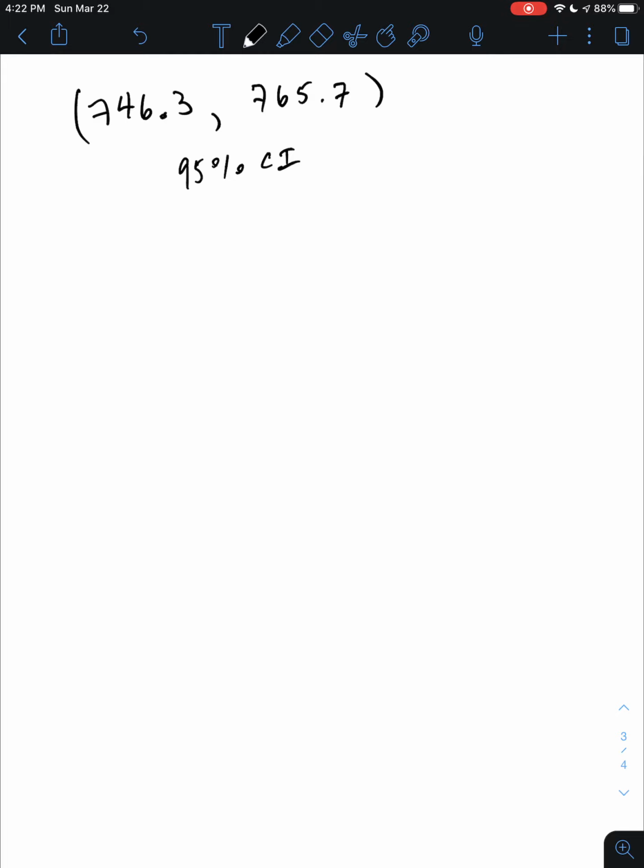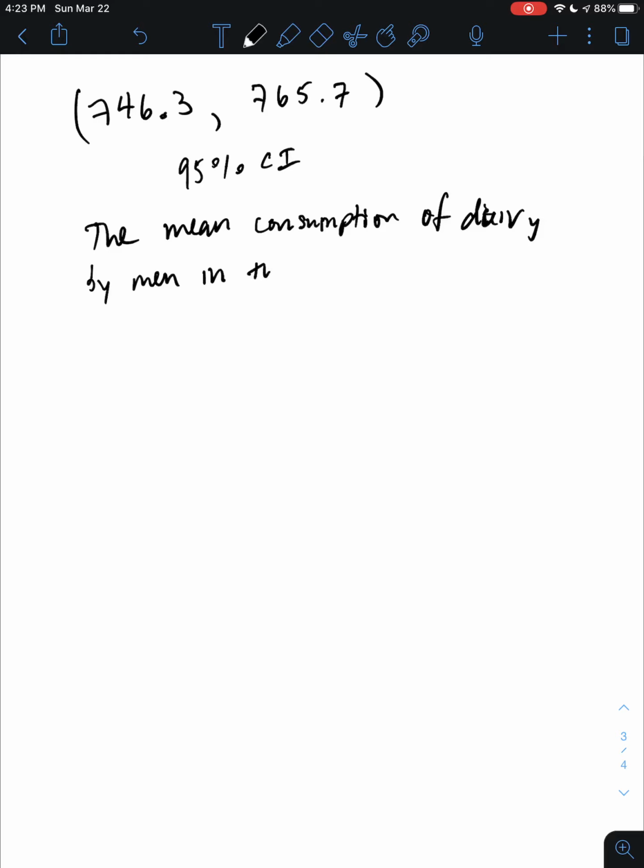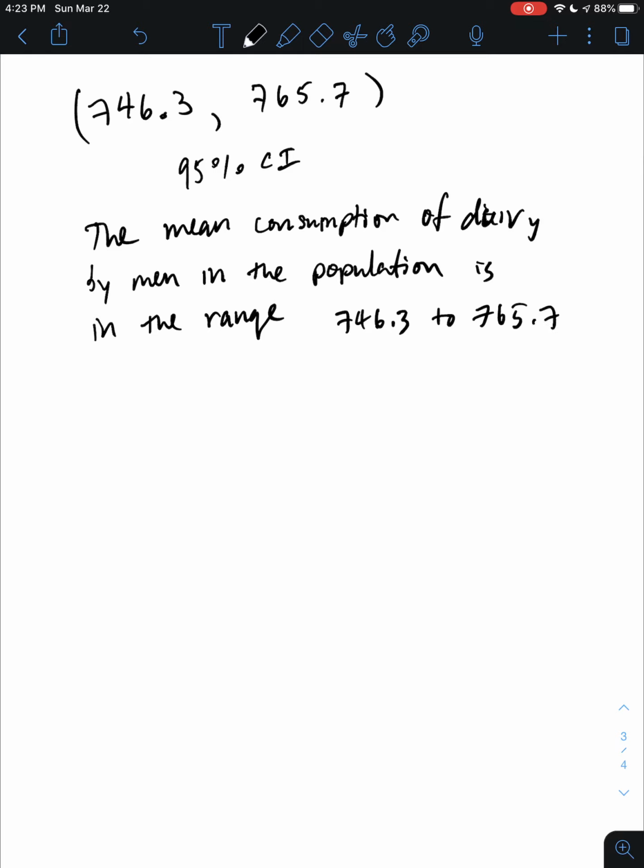So we can say that the mean consumption of dairy by men in the population is in the range 746.3 to 765.7 with 95% confidence.